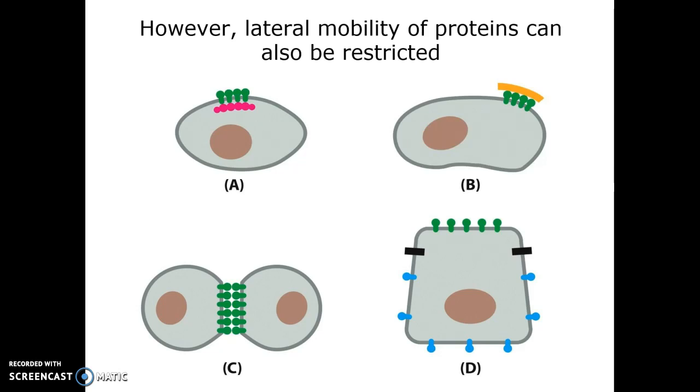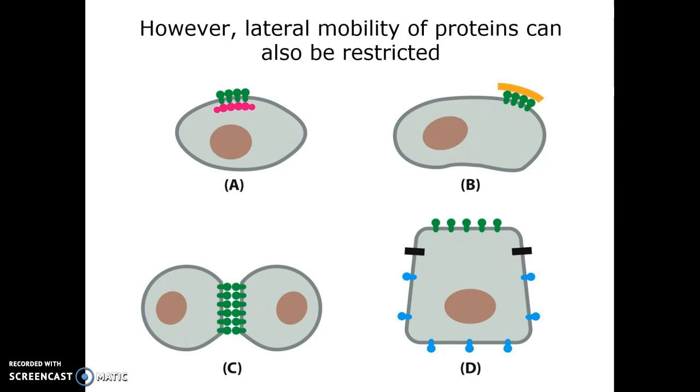And then in cells that are asymmetric by nature, like say your gut epithelial cells, you have an apical side and a basolateral side. And so what we do there is we have a specialized cellular junction called an occludens junction. The occludens junction doesn't allow for things to move between the cells, but it also sets up a barrier that doesn't allow the apical proteins to go to the basolateral side.